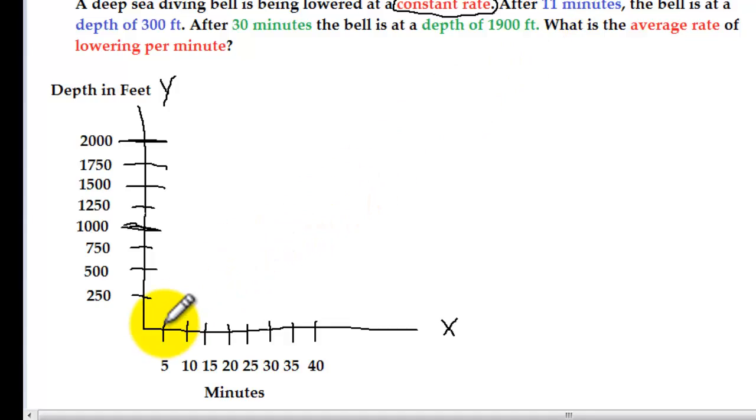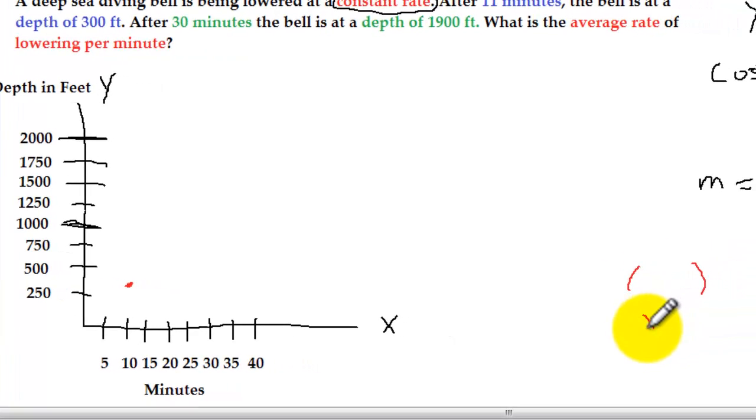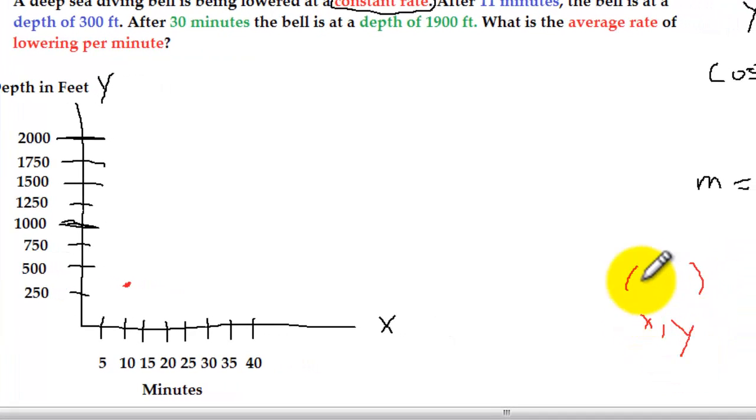So the 11 minutes, which would be roughly here, at 300 feet, which would be roughly here, you would have a point. Whenever you're building a point, you've got an x and a y. The time becomes x, and the depth, 300 feet, becomes the y.